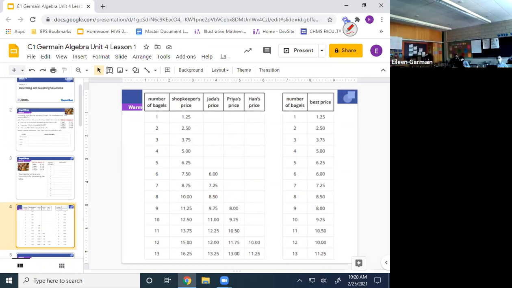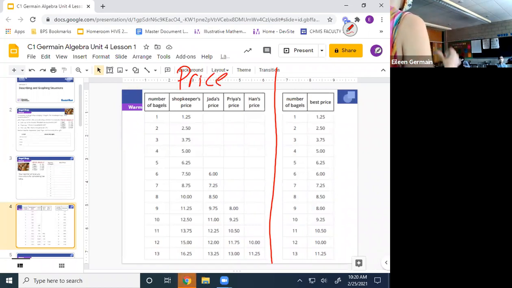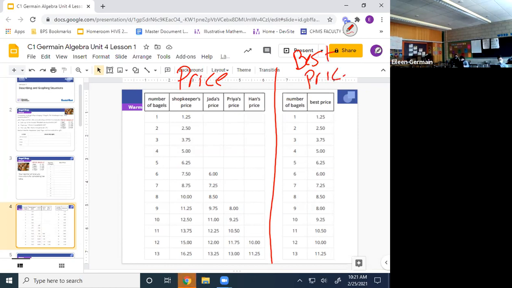This first half over here is when you pose the question looking for an output of just price. You're not specific, you're just looking for a price that you could pay. When we're more specific and say best price, this would be the table that we would create of prices that we would get.